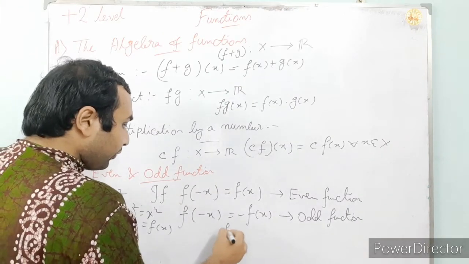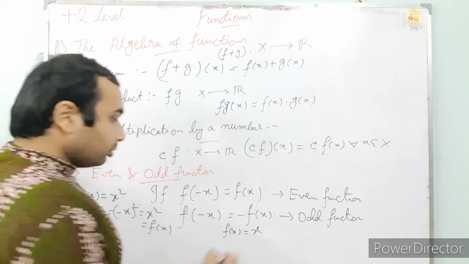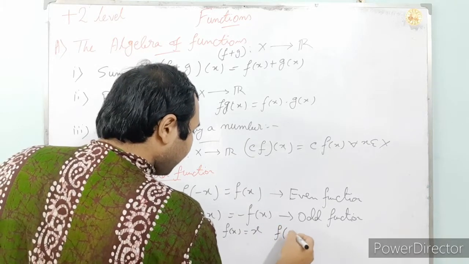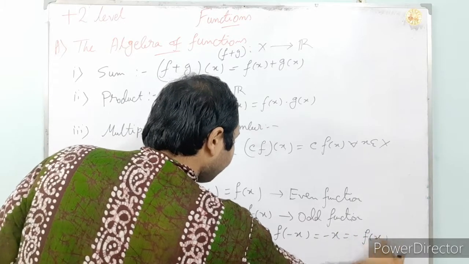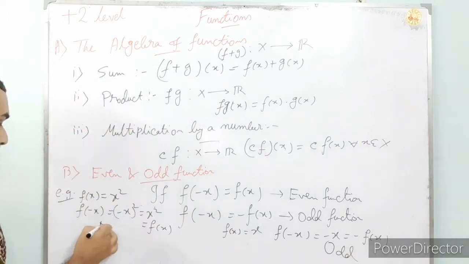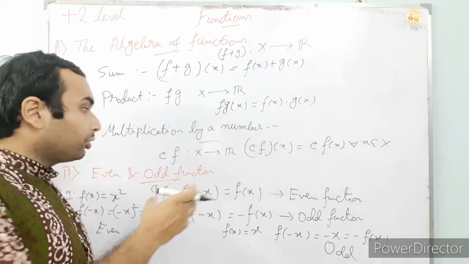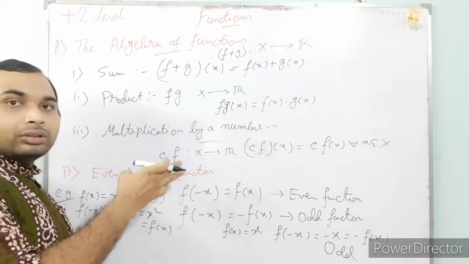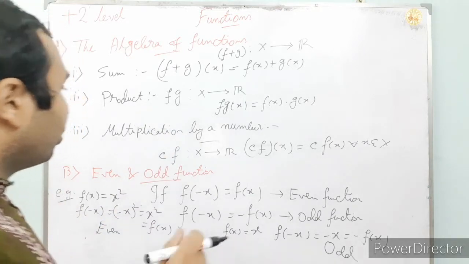Taking f(x) equals x, f of minus x will be minus x, that means minus of f(x). So it is an odd function, and the earlier one is the even function. Very easy. This type of question will be given to you, and you have to check whether it is an even function or an odd function.